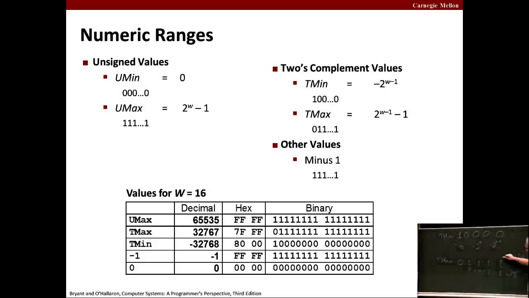And you can think about that if you were to increment this number by 1, you'd get 1 plus 1 is 0, carry 1, and so forth, and you'd carry that value up to this position. So there's various ways you can think about that. And then similarly, this number is 2 to the 4th minus 1. And so that's equal to 2 to the W minus 1, minus 1, as is shown here.